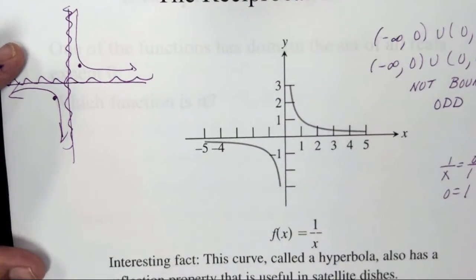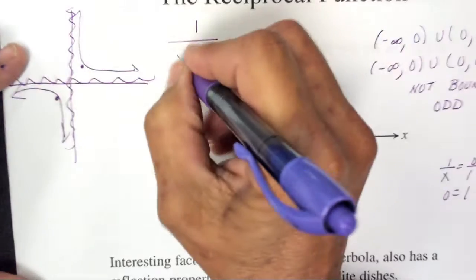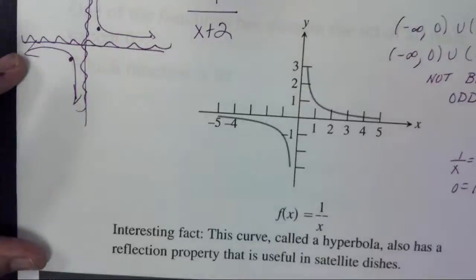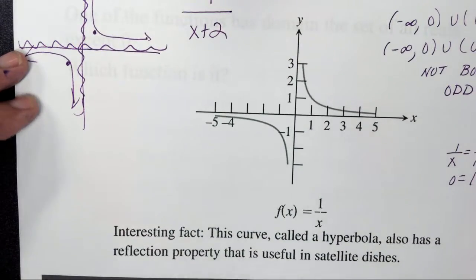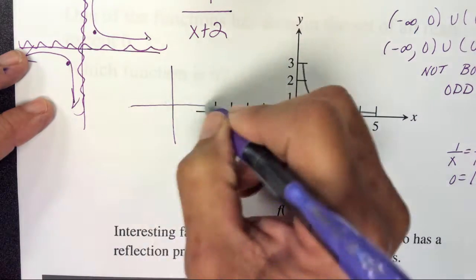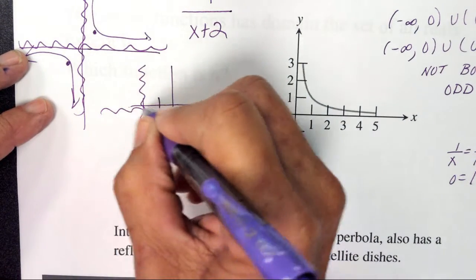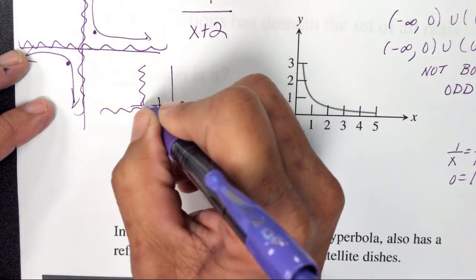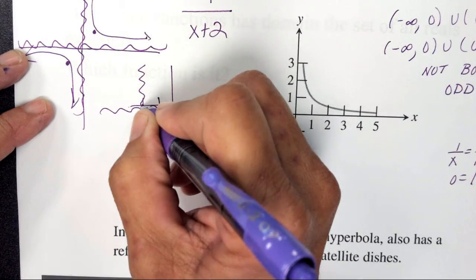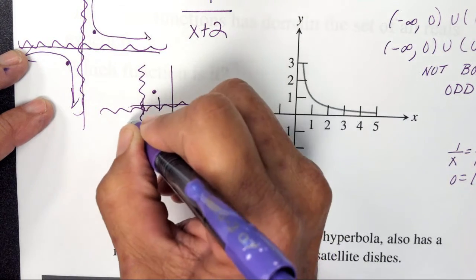Okay? So if I give you 1 over x plus 2, what is that going to do? So we just moved this asymptote left 2. We left this asymptote at 0. And then we pretended this was the origin. And then that point became 1, 1 and -1, -1.